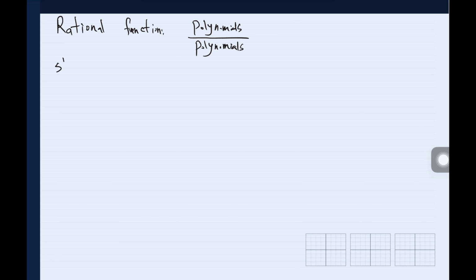Step one is finding the domain of that function.